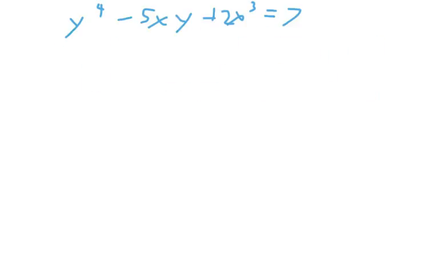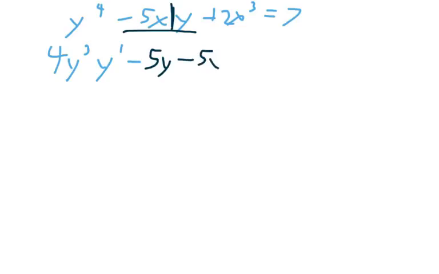Alright, so first we're going to take the derivative of the first part, which is 4y cubed y prime. Then this next part where we have the 5xy, we have to use the product rule. So the derivative of 5x is 5, minus 5x times the derivative of y, which is y prime, plus 6x squared, and the derivative of 7 is 0.